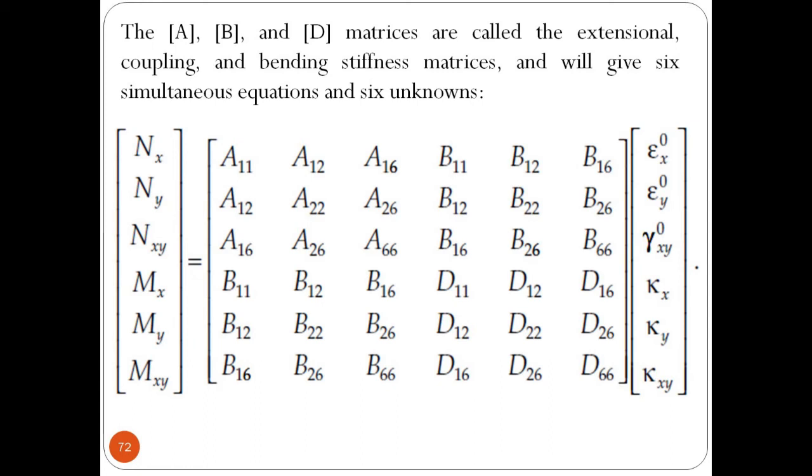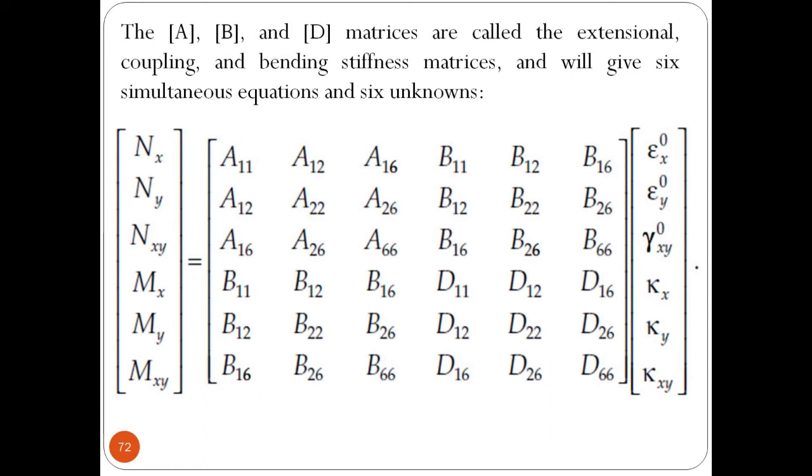A is the extensional matrix, B is the coupling matrix, and D is the bending stiffness matrix.